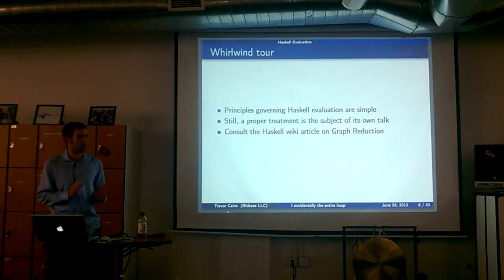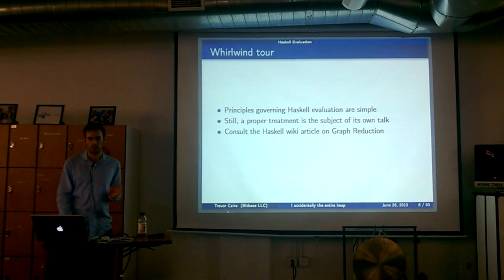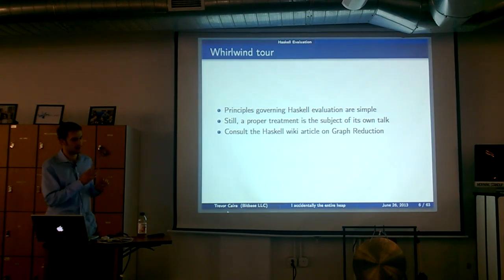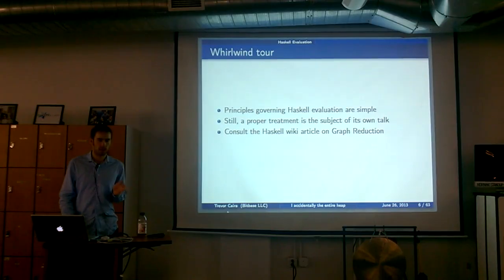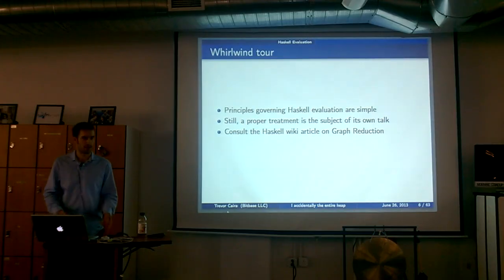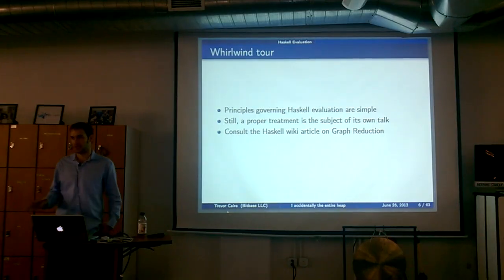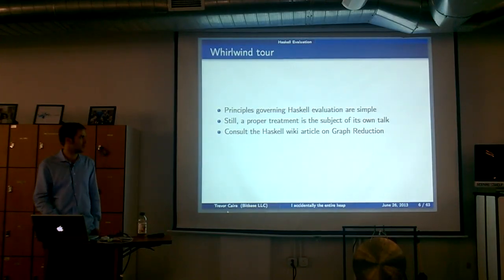So instead, I'm going to give a really concrete example which showcases Haskell's laziness. And if you're interested in the nitty-gritty and a more formal treatment, you can check out the Haskell Wiki, which has a good article. Graph reduction is medium difficulty, and the denotational semantics article is a little bit trickier, but really clever.